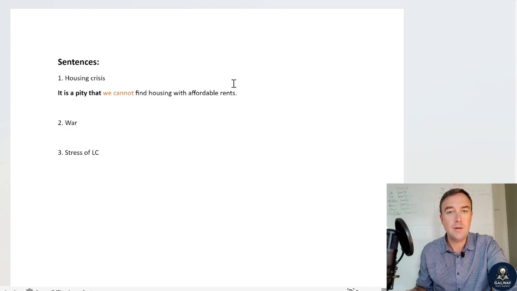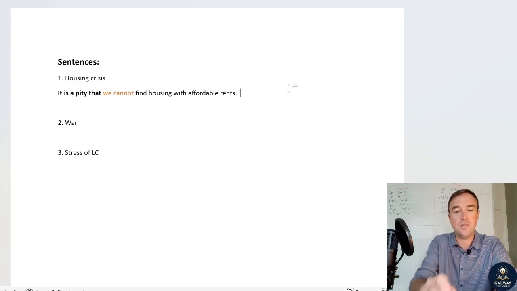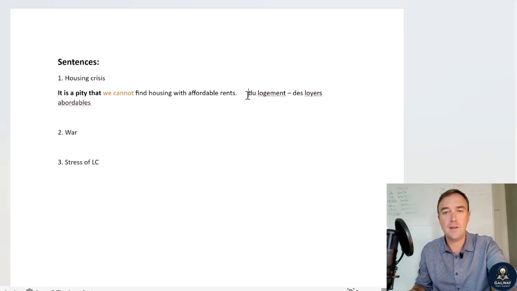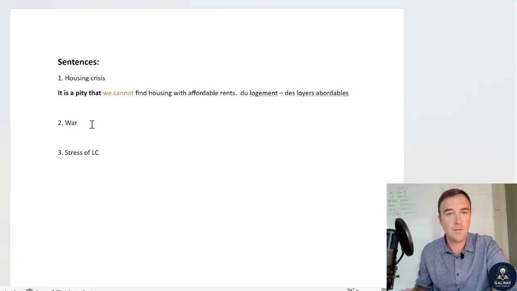Now, housing, we'll just note beside that, if you don't know what the French for housing is, you'll probably know it by the time the Leaving Cert comes along. It's du logement. And affordable rents are des loyers abordables, which came up in a listening actually, I think in 2025, or could have been 23, I'm not sure. Right, so it's a pity that we cannot find housing with affordable rents.